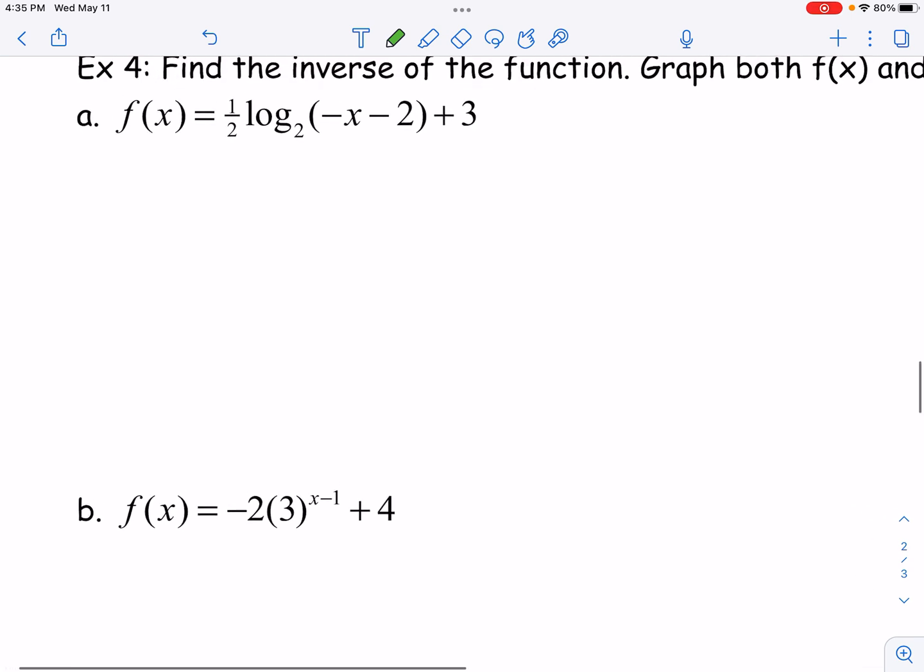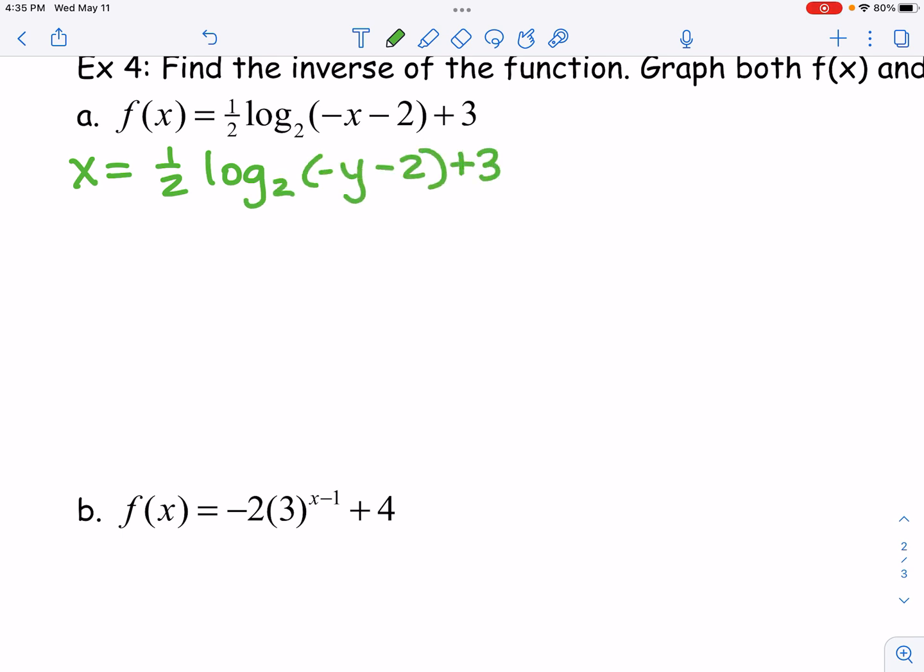So in order to find the inverse, I'm going to switch the x and y, and then solve for y. And remember, we're trying to get the inverse, but we are going to have to go back and graph that inverse. So I do want to keep it in that skeleton of transformations to make my life easy when I go back and graph it. So our goal here is to isolate the log term because y is in the argument and I need to solve for y.